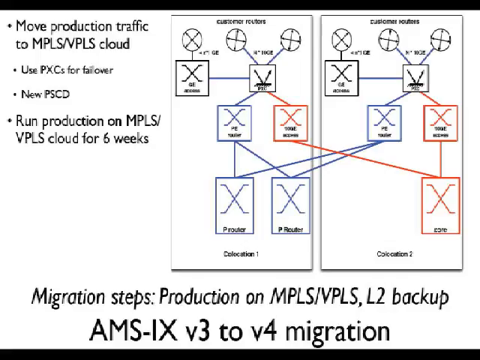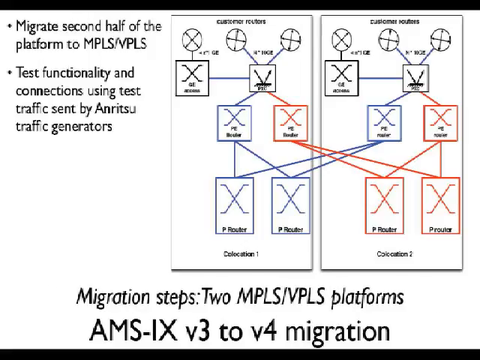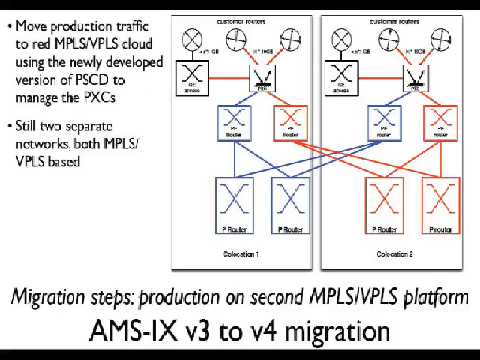And it worked all fine. So, logically, we did the second half after 6 weeks. We again tested the whole functionality of the network and moved everybody over to the red side of the network. So now we have 2 separate MPLS, VPLS networks. So we need to merge these into each other.